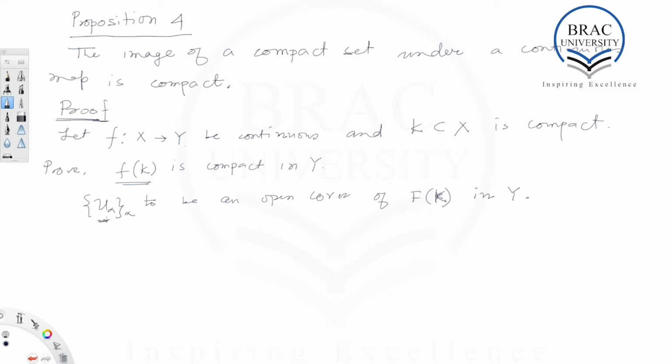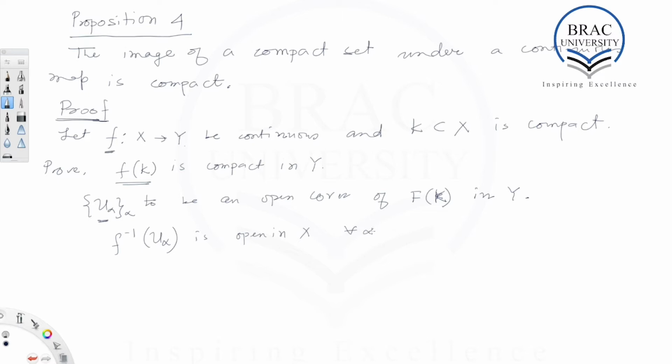Since f is continuous, the inverse image of every open set U alpha in Y is also open in X. So this is open in X for all alpha in some index set I.